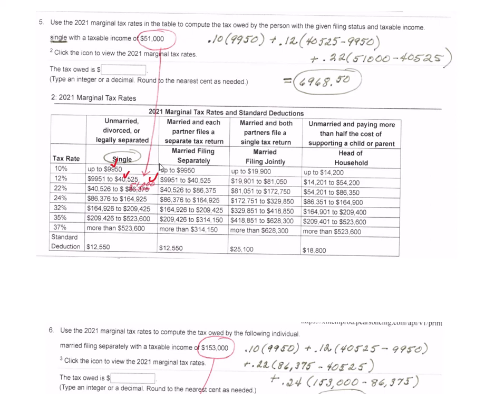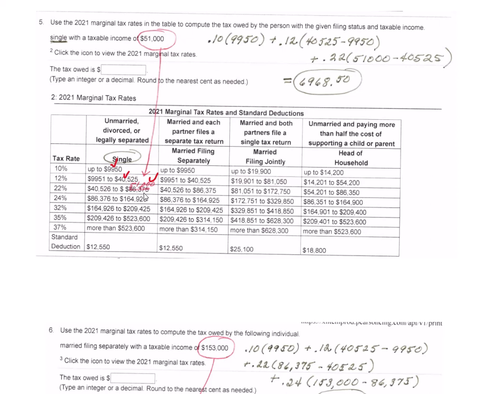But what you subtract is the top end minus the top of the previous one. So it is $40,525, subtract the top of the previous one, 9,950. You're going to pay 12% on the difference of those.